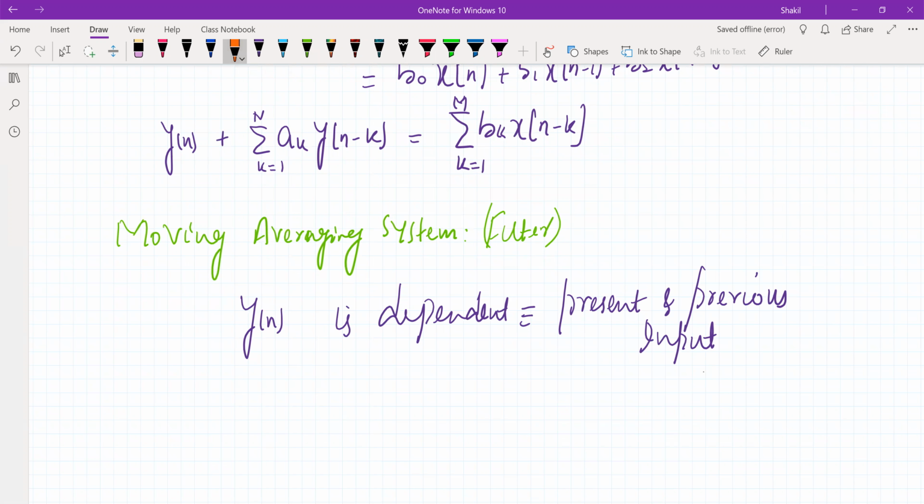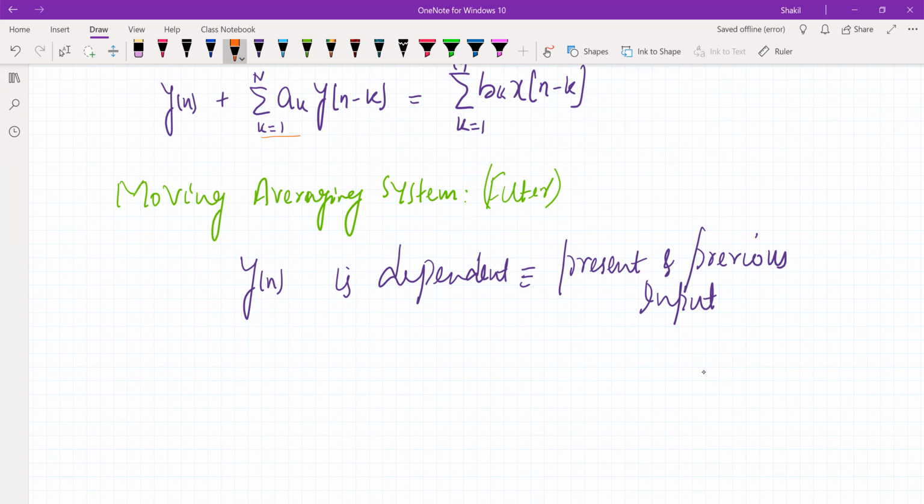Now what do I mean? This simply means this term will be zero, so y of n is a function of only the present and the previous inputs, not the outputs. So this is the moving averaging system.